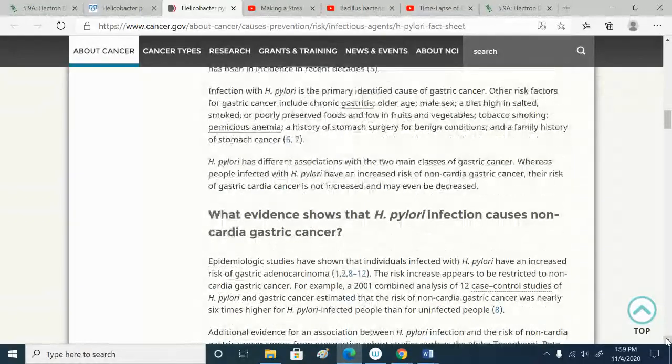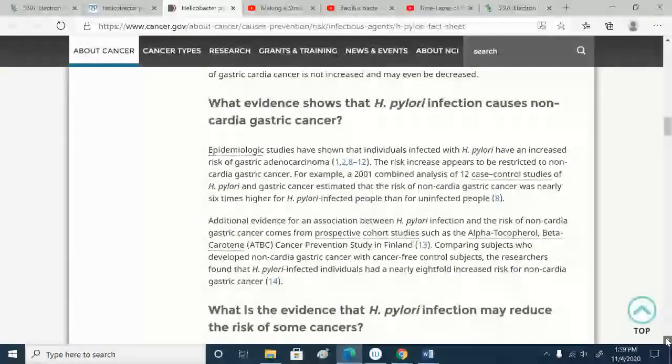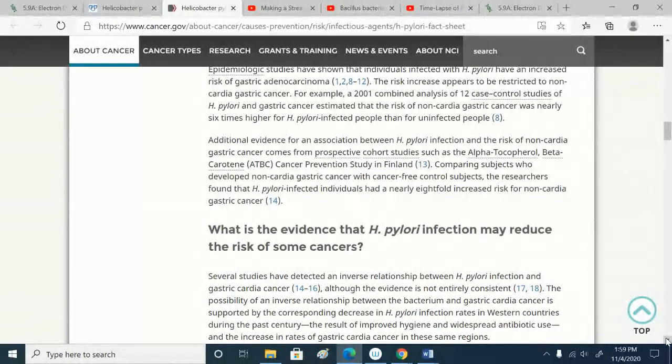So there is some evidence showing that Helicobacter infection can cause stomach cancer. There's also some evidence suggesting that Helicobacter may reduce the risk of some cancers. So we just don't know. But it could be that a long time ago, humans were colonized with Helicobacter, and it actually was beneficial.